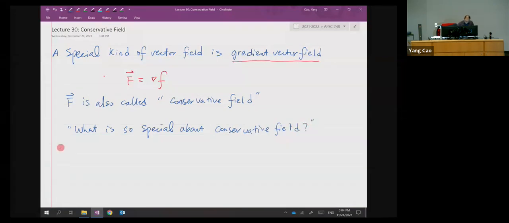The first specialty is a theorem called the fundamental theorem of calculus. If I stop here, it should remind you of the 172 fundamental theorem of calculus, right? But this is the fundamental theorem for line integrals, more specifically for vector line integrals.